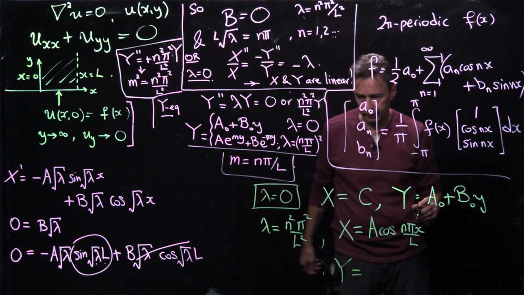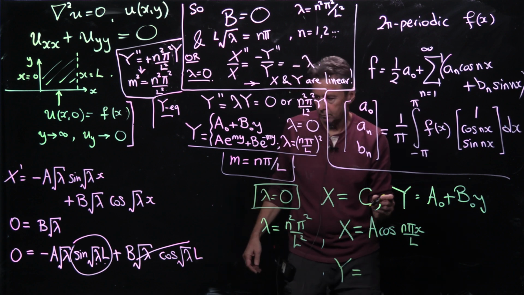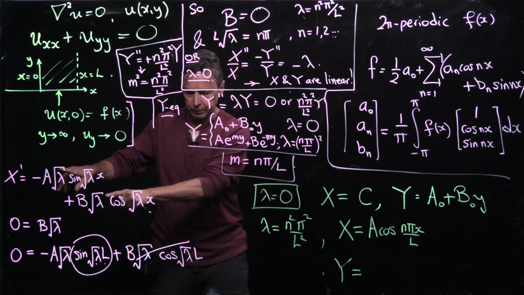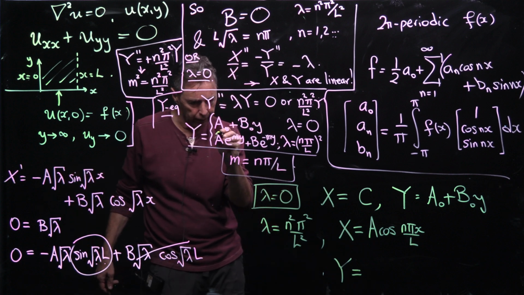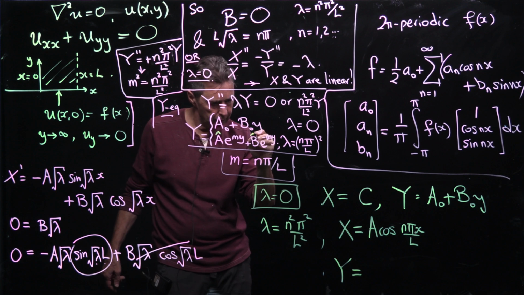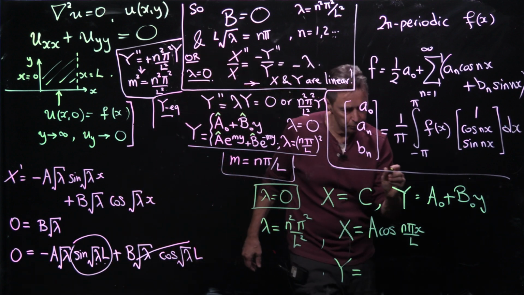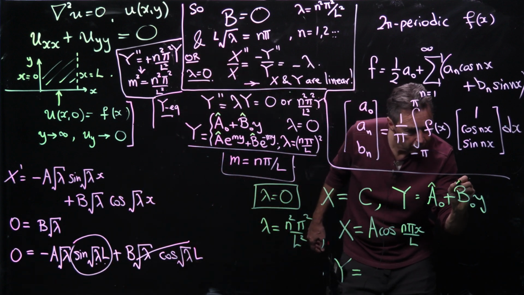It's got those things in it. Maybe I should use different symbols here because I've already used an A and a B. Let's put a hat there and a hat there, so we don't confuse the A's and the B's.